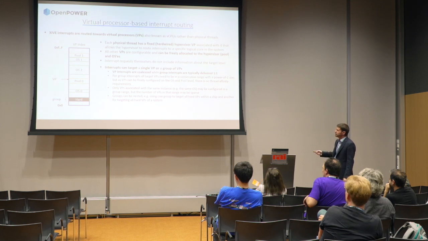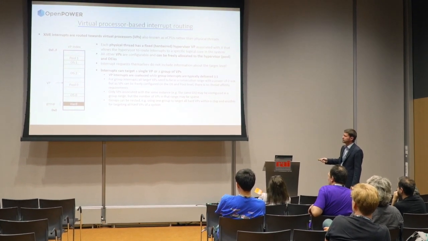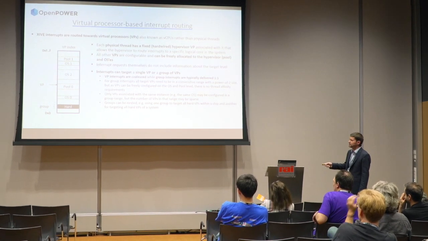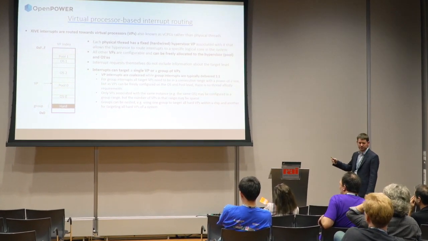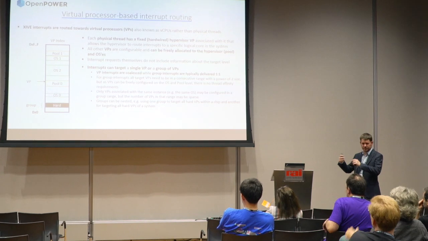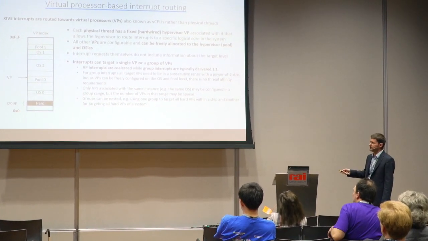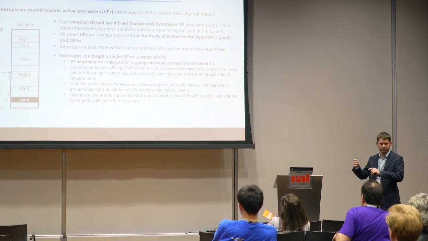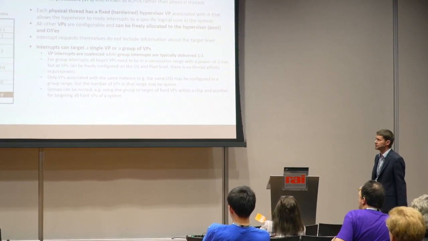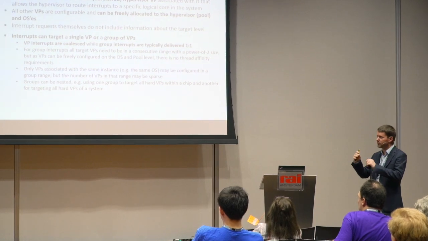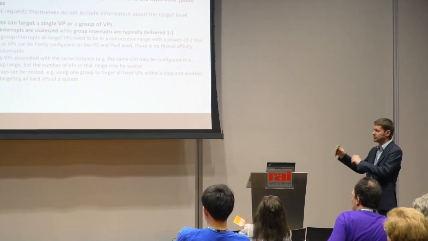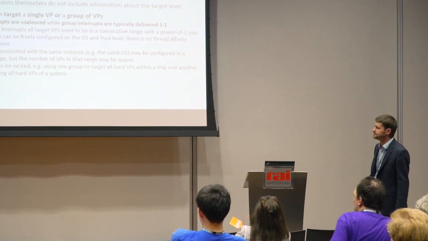And as I mentioned, for one virtual machine, the virtual processors need to be consecutive and in a power of 2 range so that we can more easily do the grouping mechanism. But basically, the number of virtual processors in such a range can be sparse. You don't need to use all virtual processors. You just need to make sure that all of those VPs in one range really belong to the same virtual machine.